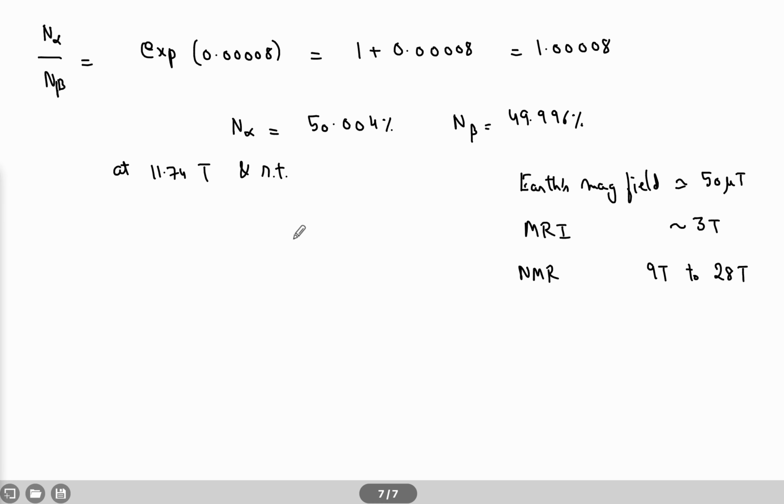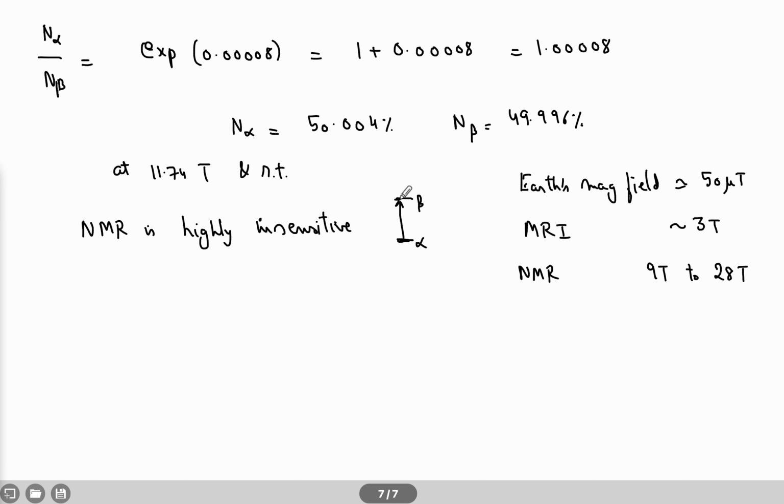Okay, so this tells you that NMR is a highly insensitive technique. Because the population difference is so small, any transition which is to be observed from the alpha state to the beta state has to be amplified to a large extent so that you can visualize it.